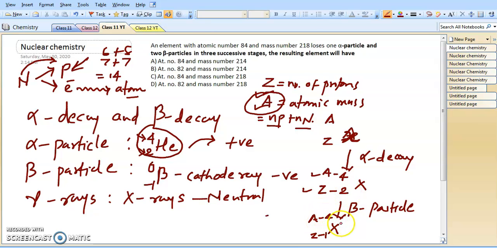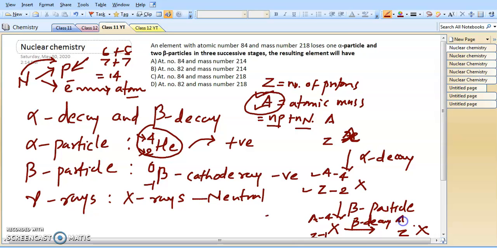We never represent the electron here. Now another beta decay. Again, Z minus 1 plus 1 gives Z, because another neutron has converted into a proton and the electron leaves the surface of the atom.